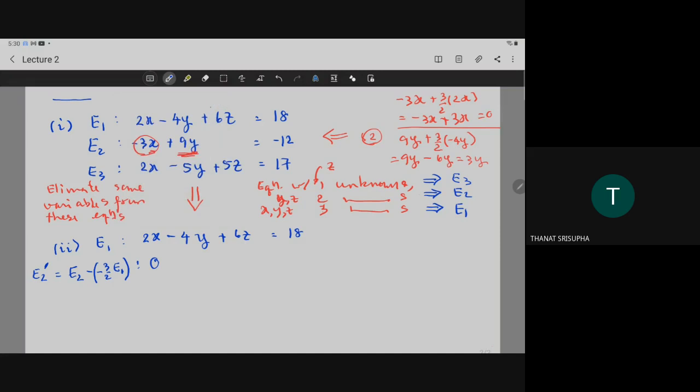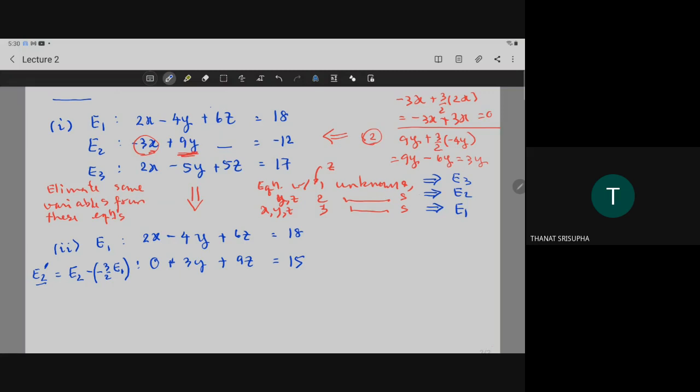So in the modified equation 2, I'm going to write plus 3y. And similarly for the last one, I have 0z, and I add it with 3/2 of 6, so I get 9z, which is equal to what last one? So I add minus 12 with the 3/2 of 18, which is 27. So I get minus 12 plus 27, which is 15.